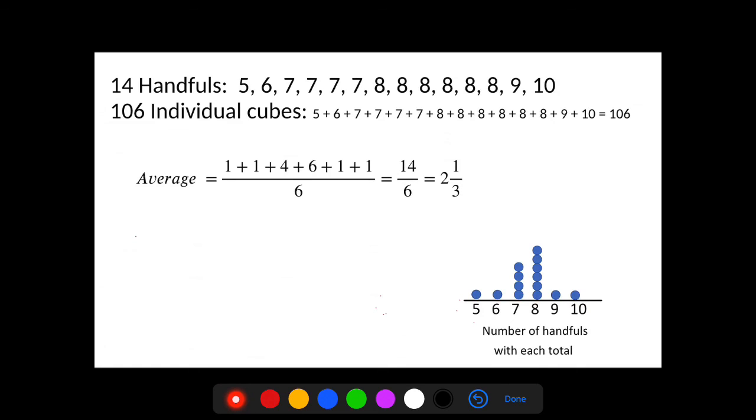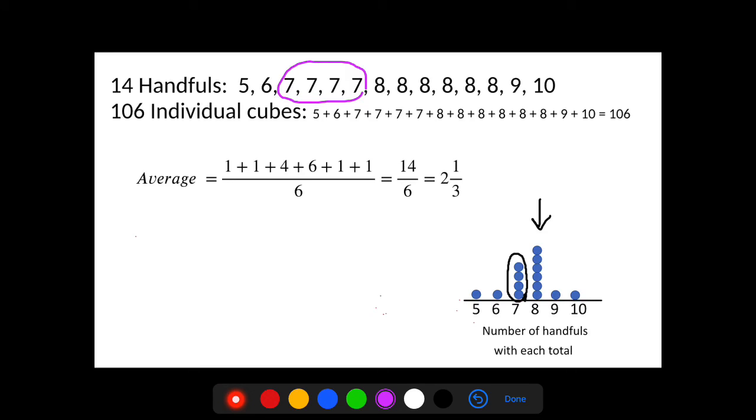Another mistake comes in interpreting the height of the tower here, the number of data points, as the data point itself. So here we know that we have 4 different handfuls with 7 cubes.